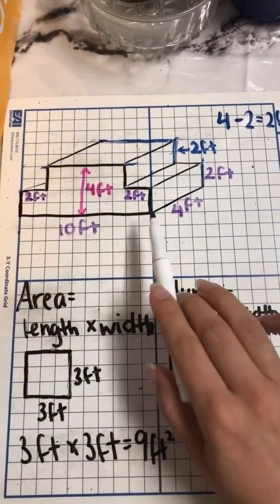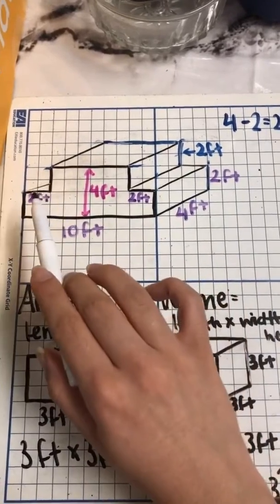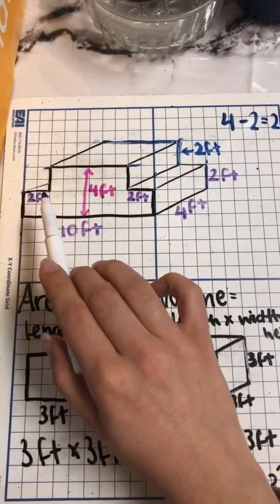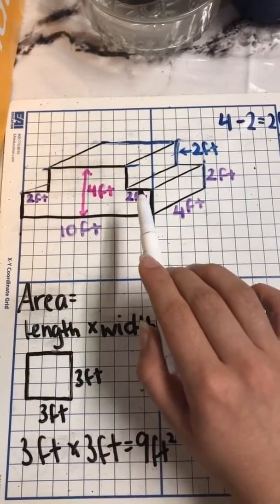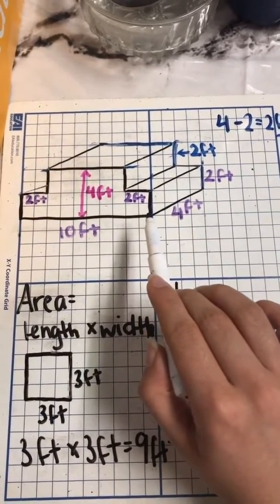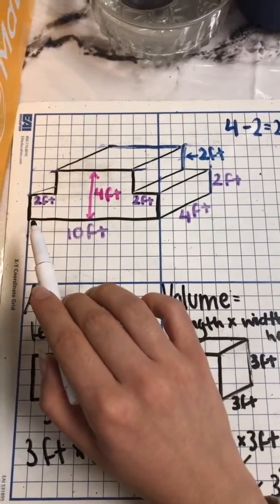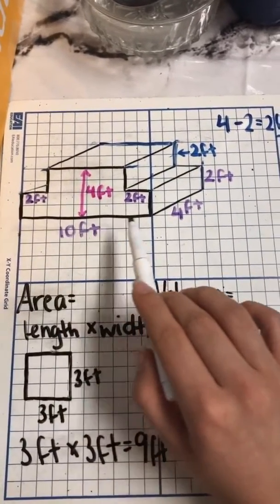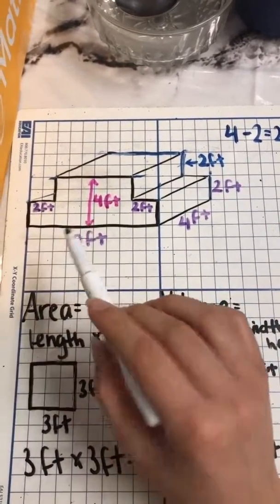The entire base is 10 in length. Now, let's look at the sides. Here, I can see that there's 2 feet that contribute to the same length over here, and there's also 2 feet that contribute to the length here. I can take my whole length and subtract the other lengths that also make it up.